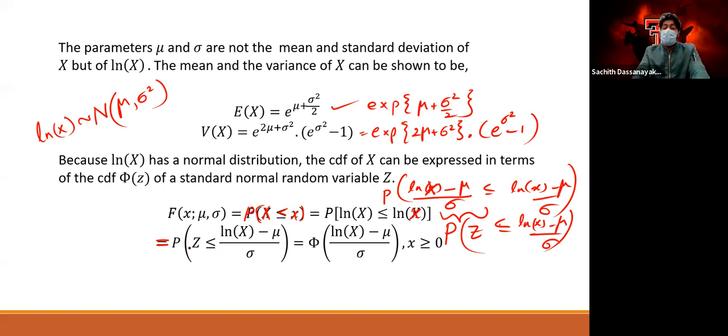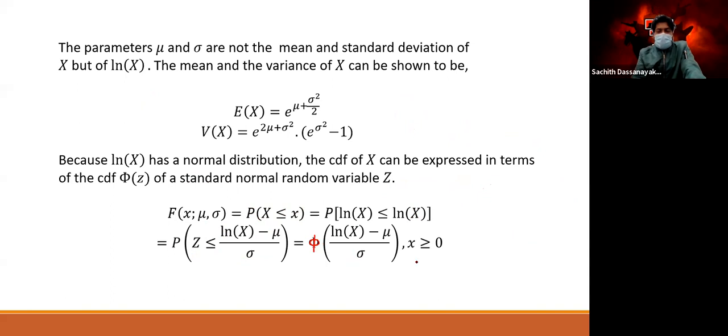If you remember how we denote the CDF of the standard normal distribution, because this is the standard normal variable Z, we denote it by capital phi, not F, we use a different notation. So whenever you need to find the CDF, or cumulative values up to a particular x value using log normal, you can use this.